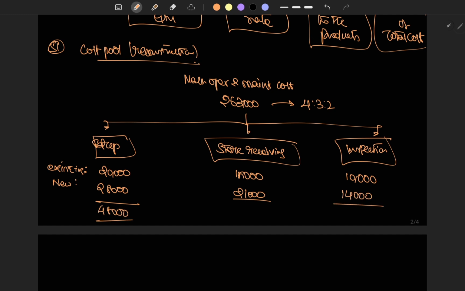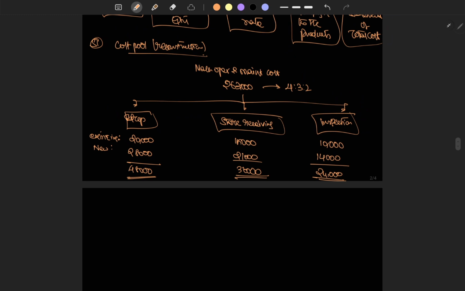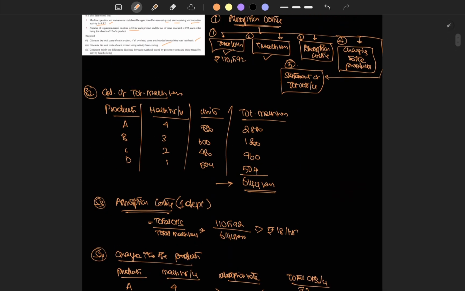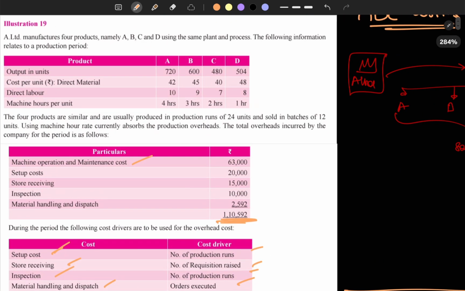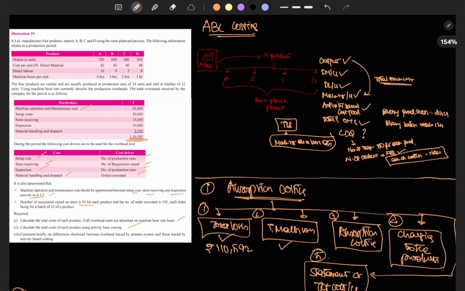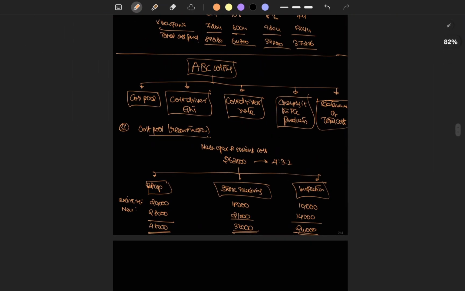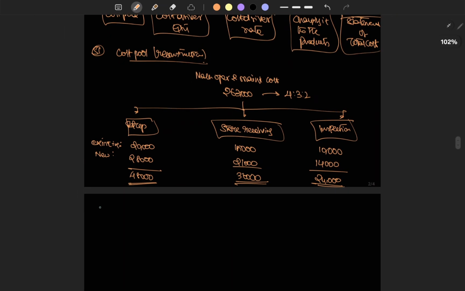So 48,000 is for setup, 36,000 for stores receiving, 24,000 for inspection. Okay, and what else did we find out? We have reconstructed the cost pool to setup cost, stores receiving, inspection, and one more thing, material handling and dispatch, which has overheads of 2,592 rupees. Now the second step is to find out the cost driver quantity.